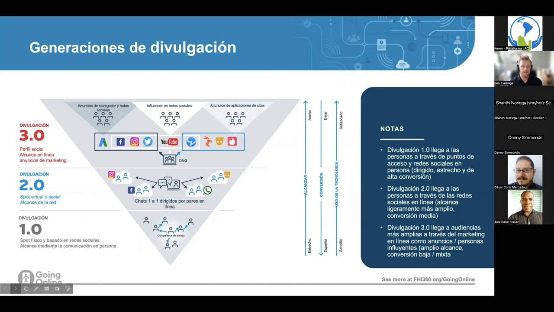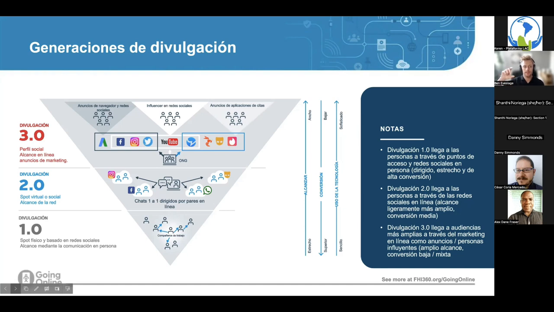HIV outreach and demand generation approaches have evolved over the years. This figure demonstrates various generations of outreach, starting with in-person and hotspot-based outreach at the bottom and continuing through online peer outreach in the middle and broad online advertising and marketing at the top.